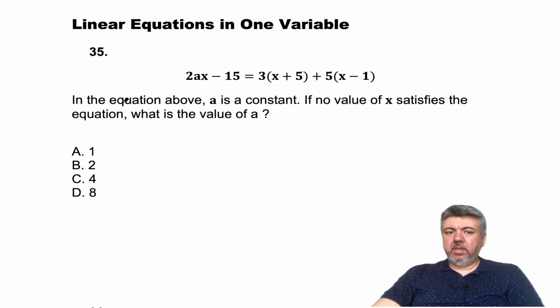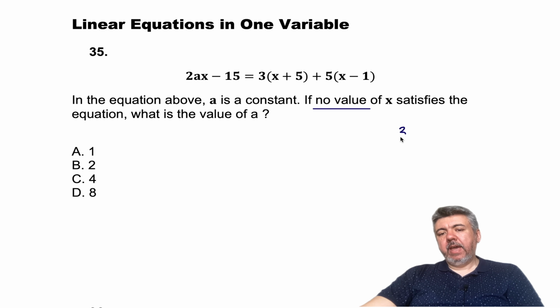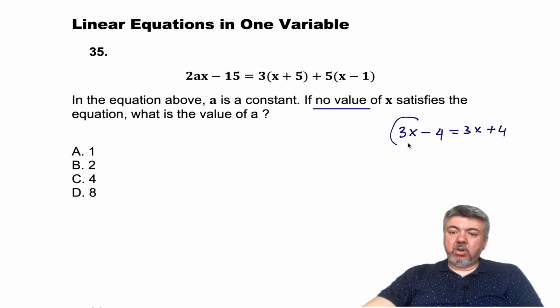35. In the equation above, a is a constant. If no value of x satisfies the equation, if they say no value of x, you will think of it like this: 3x minus 4 equals 3x plus 4. The x coefficients will be the same, but the constants will be different.